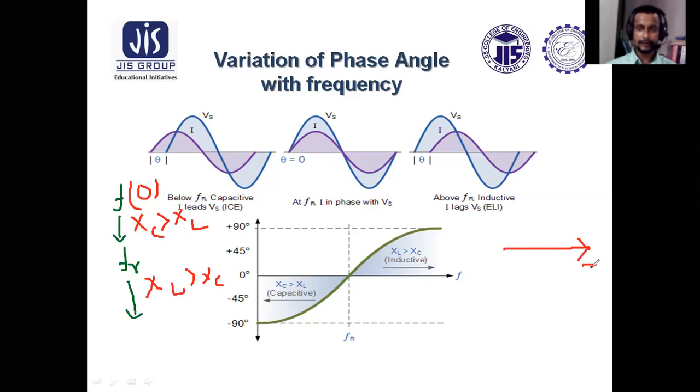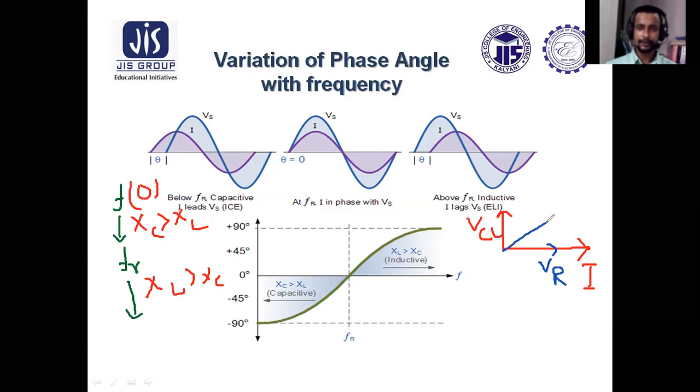So if this is I, then the capacitive part, the XL minus XC part, will be the voltage part, and VR will be acting in this direction, voltage across resistor. So what is the resultant?